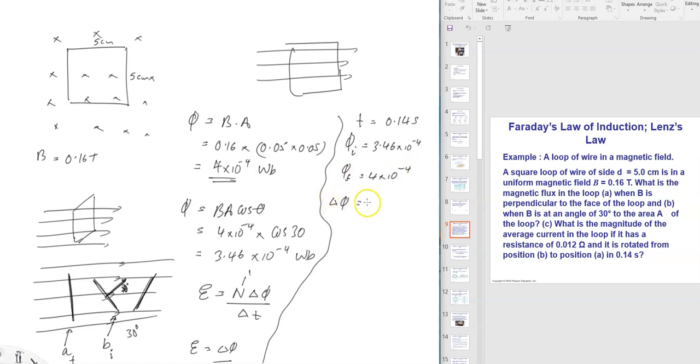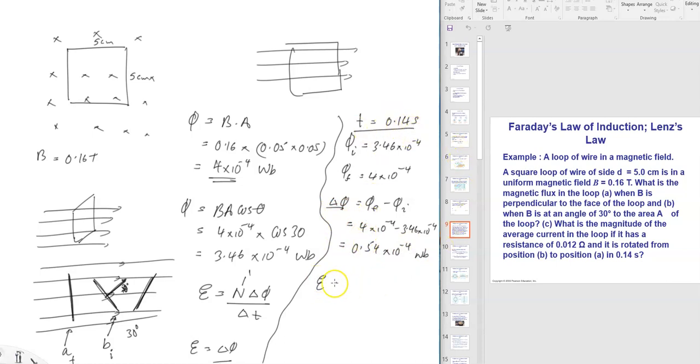Delta flux is flux final minus flux initial: 4 times 10 to the negative 4 minus 3.46 times 10 to the negative 4. What do you have? 0.54 times 10 to the negative 4 Weber. That's the flux change that happened in this time interval.